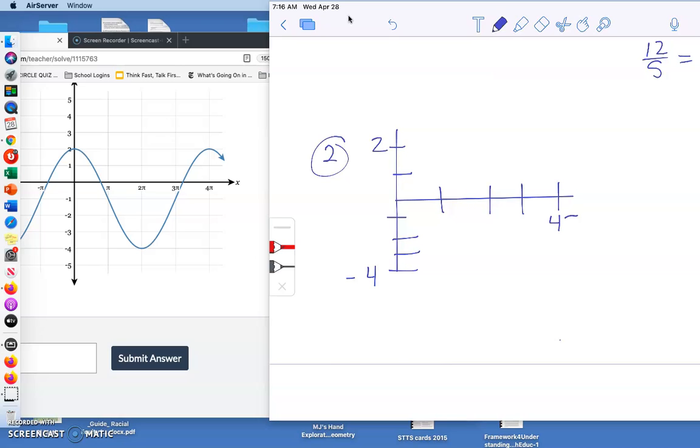So this is 4 pi. So it starts at 2. Let's see, our next one. So -1, that must be our midline. And then 2 pi, it's down at the bottom, mid, and then it goes back to high.